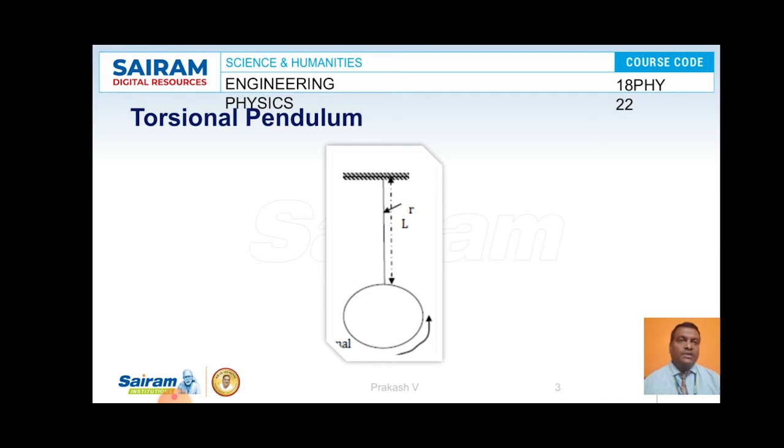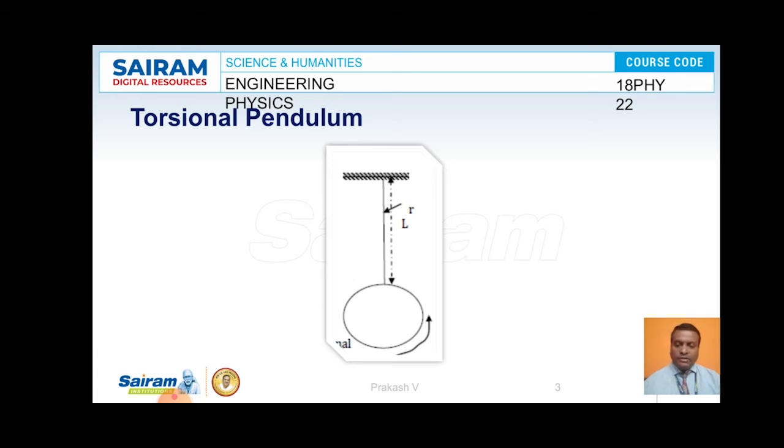Let capital L be the length of the wire and small r be the radius of the wire. Because of the applied force, the body is executing to and fro motions or twisting motions about the axis of suspension, as shown in the picture.